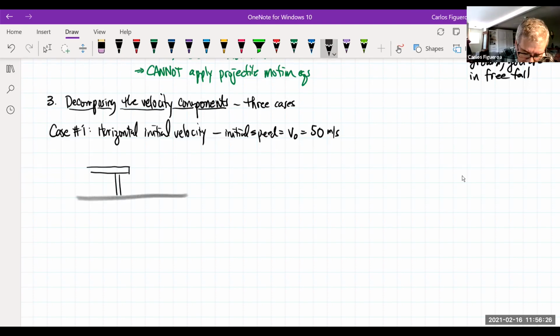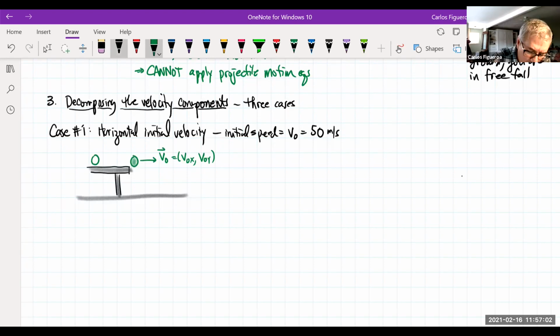Now, when I'm thinking about my table here, I imagine that if I have a horizontal speed, what that really means is that there's a ball rolling off the table. And as it rolls off the table, I want to look at its initial speed. Its initial speed in this case is going to be like that. And because this is a vector, that means it has an initial speed in the x and an initial speed in the y.